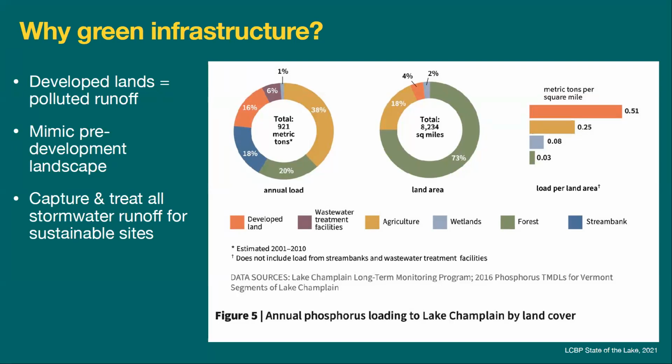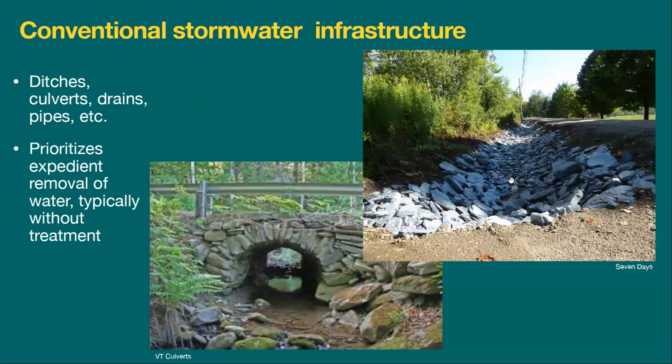And the more that we can capture and treat all stormwater runoff from our developed areas, that includes our houses, our driveways, the more we can create sustainable sites. And so capturing and treating as close to the source as possible is really important. So, to give you something to compare the green stormwater infrastructure to, our conventional stormwater infrastructure are our ditches, our culverts, our drains, our pipes, everything that captures and conveys stormwater runoff and prioritizes the expedient removal.